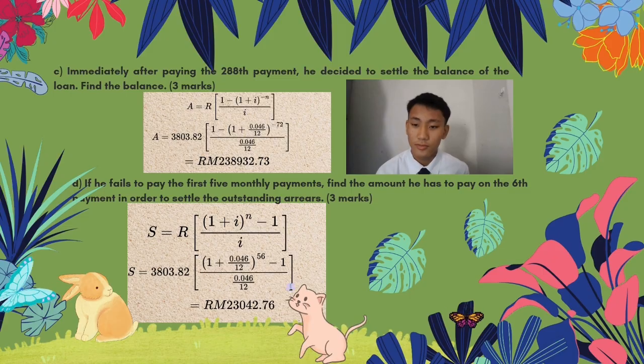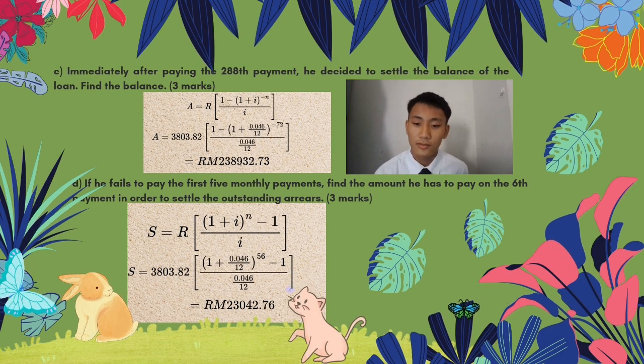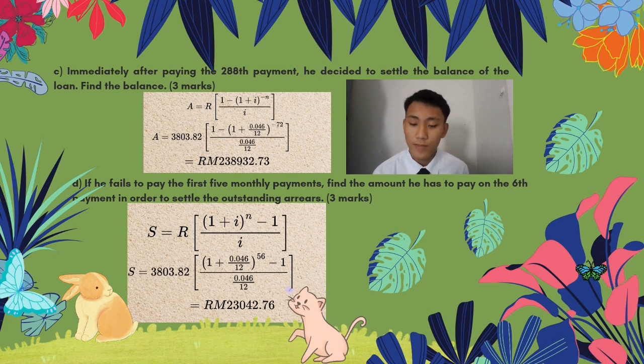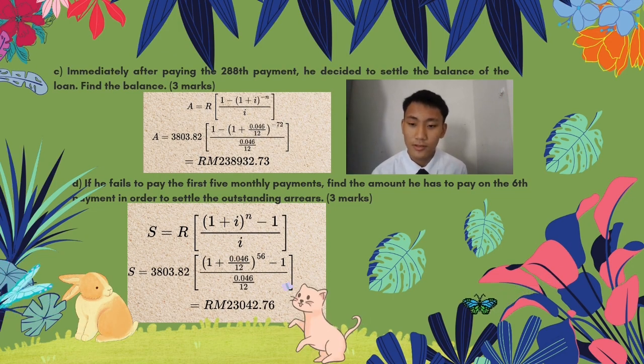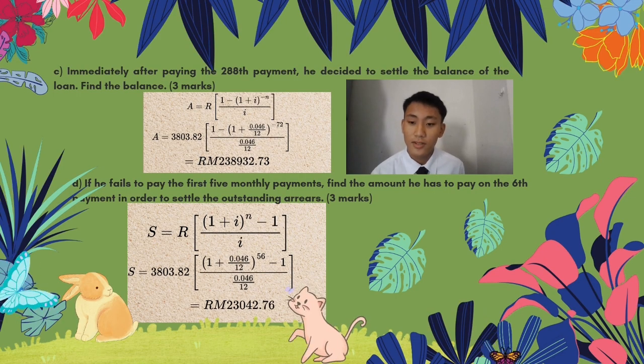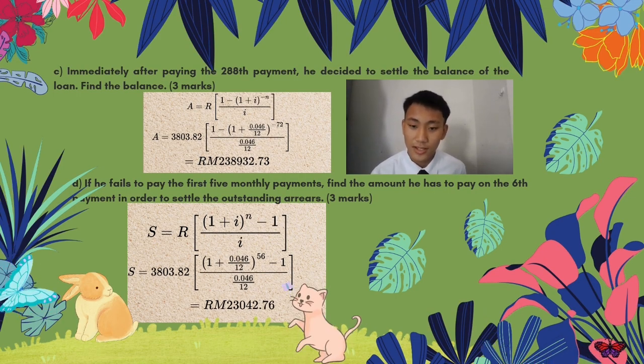The N would be 360 minus 288, which we will get 72, which is the N. We put that in the formula, which is A equal to 3,803.82 in brackets 1 minus, bracket 1 plus 0.046 divided by 12, power of minus 72, which we divide all of that by 0.046 divided by 12, which we will get RM 238,932.73, which is the balance that needs to be paid.